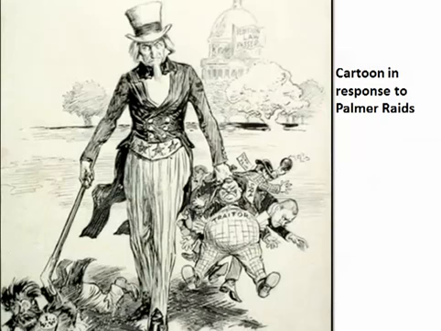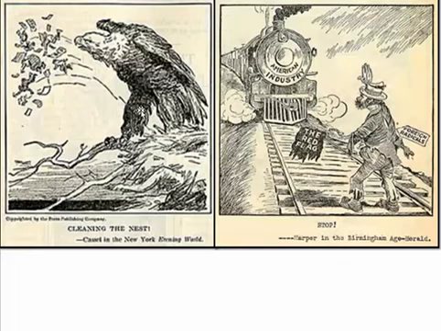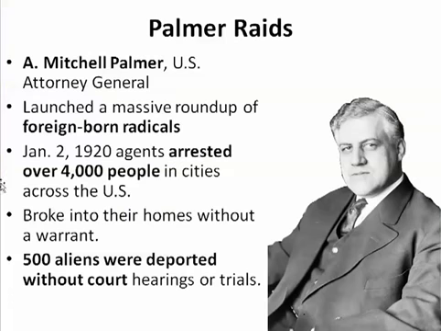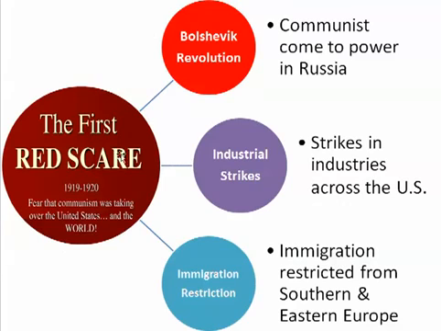So we see here that this eagle throwing out the trash is pretty much the immigration restriction, and Palmer kicking out 500 aliens, sending them back to their country. So if we were to summarize, we'd say that the first Red Scare of 1919-1920, this fear of communism, basically has three characteristics.